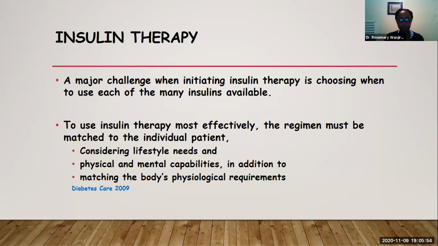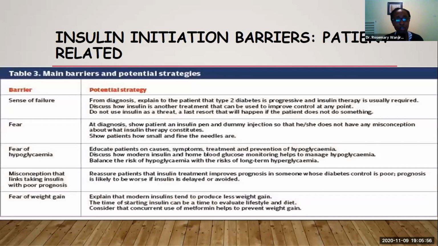Dr. Ndede has already gone through this, looking at the barriers, and we have patient-related and clinician-related, and I will skip this. But the key thing is that you have to explain to the patient, you have to show the patient, do not use insulin as a threat. Do not tell your patients that if you do not use your orals well, I'll put you on insulin, because that makes the patient feel a sense of failure.